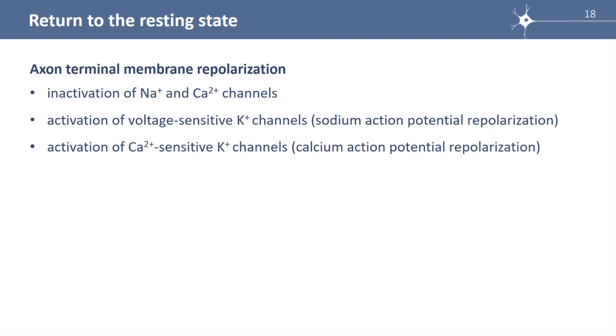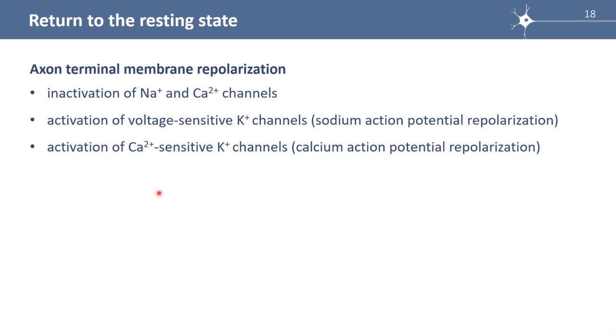To repolarize the membrane, we have voltage-sensitive potassium channels of the sodium action potential, and they allow the repolarization of the membrane after the action potential. And we have also in the membrane of the presynaptic terminal calcium-sensitive potassium channels. It means that these channels are opened by calcium ions. When the intracellular concentration of calcium ions increases, it triggers the opening of these potassium channels, and we say that it repolarizes the calcium action potential.